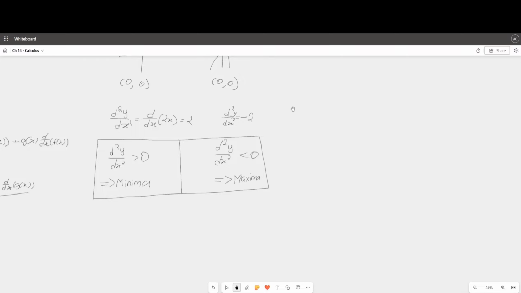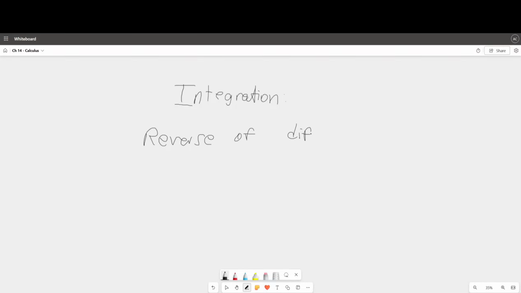Now let's move on to integration. Okay, this is where the actual difficulty comes in, and loss of marks based on a very simple mistake of a constant. But what integration is, it's just the reverse of differentiation.